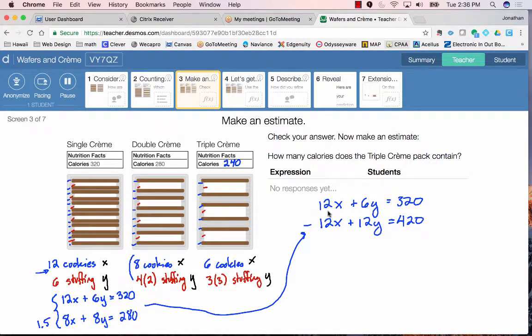And then I can subtract my two equations to see 6 minus 12 is negative 6y equals 320 minus 420, negative 100.